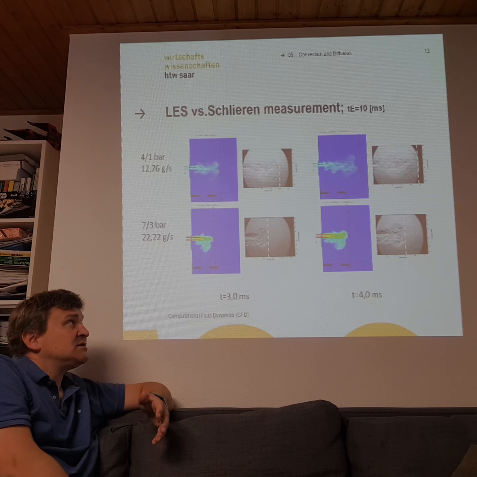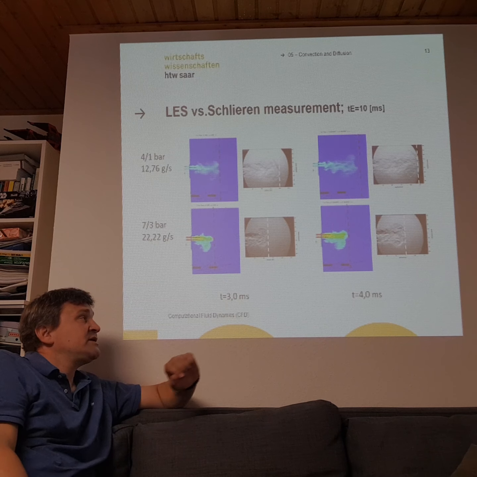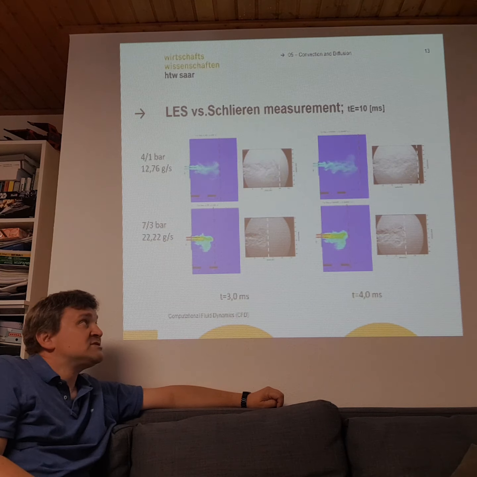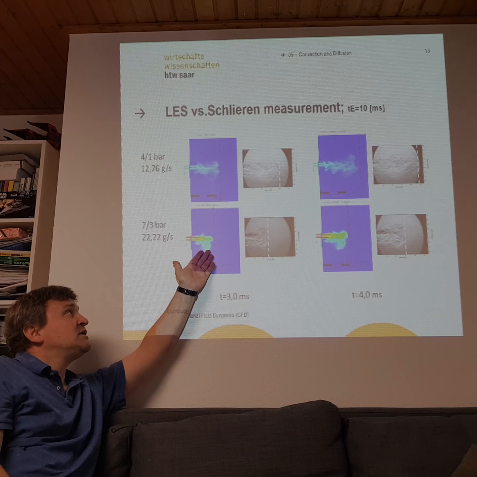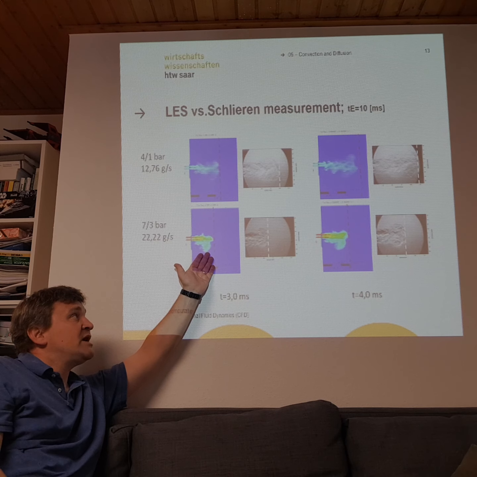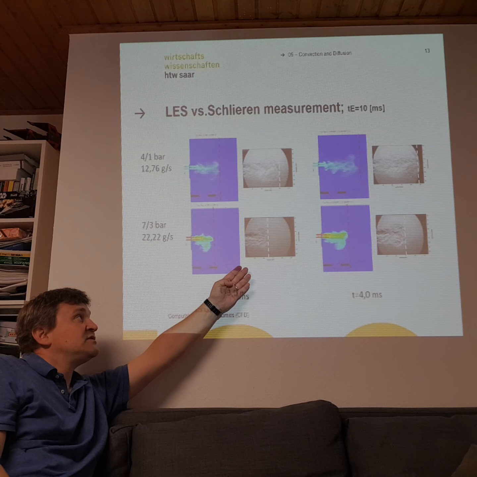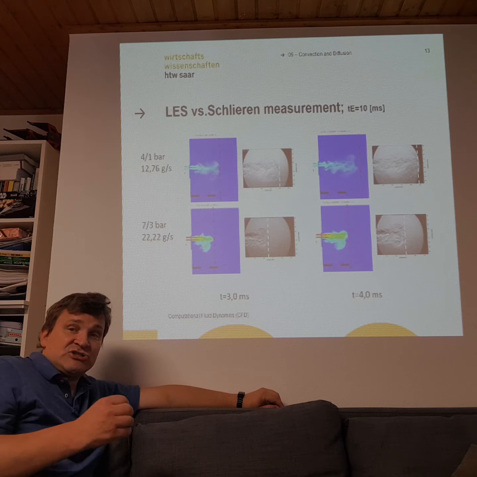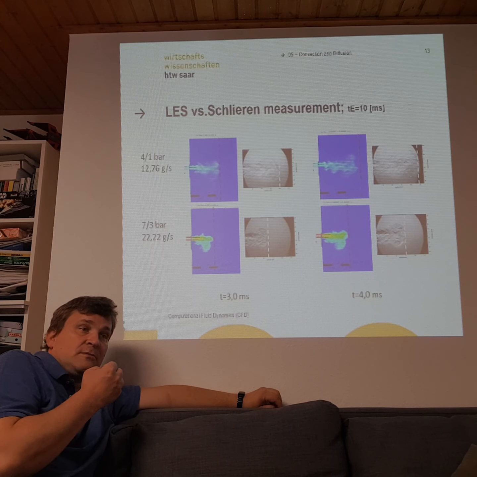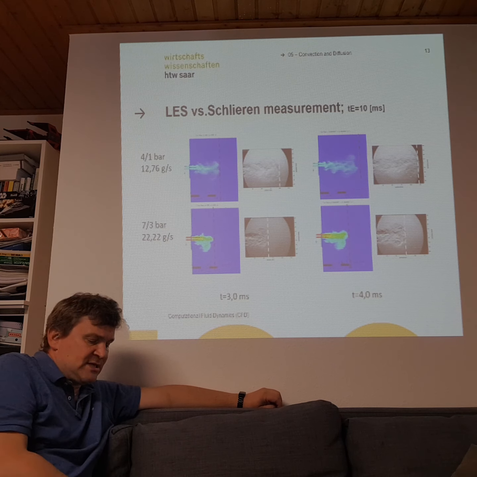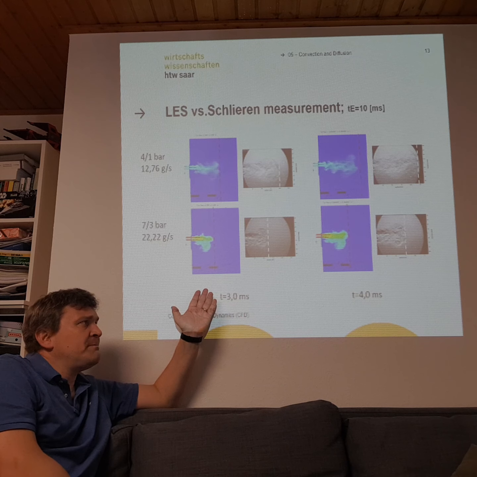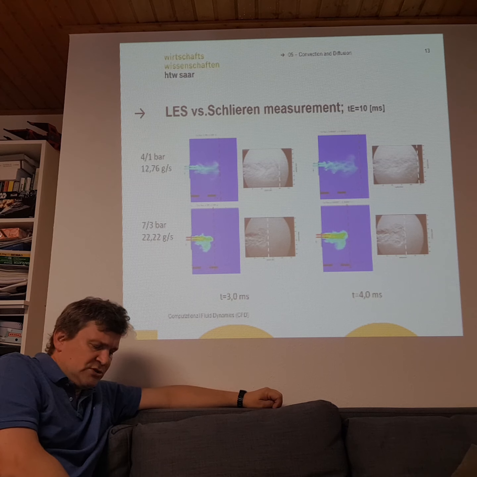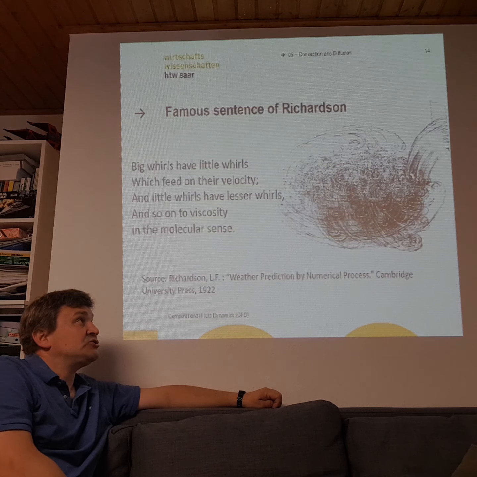And we even had some supersonic areas in this jet, and it was possible to visualize. And if you look now at different time steps of the simulation and compare it with different time steps of our Schlieren jets, you can see that the large eddy model gives a quite realistic prediction. If we compare this with the other turbulence models, we will never have such good quality in the prediction.